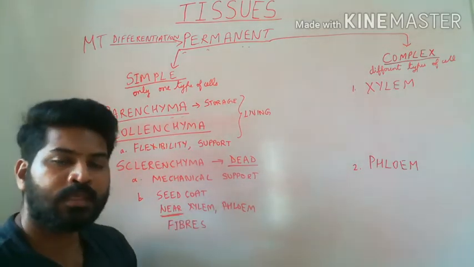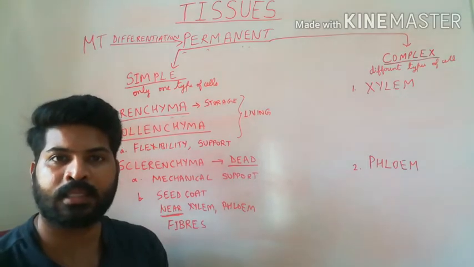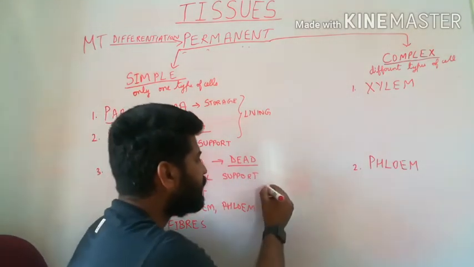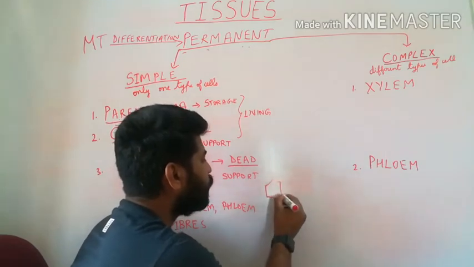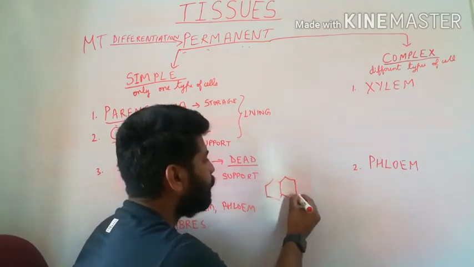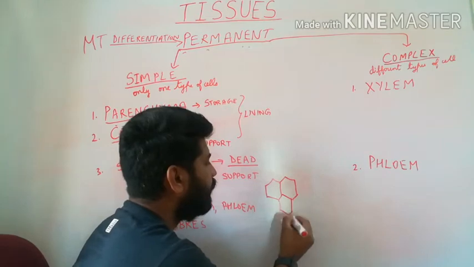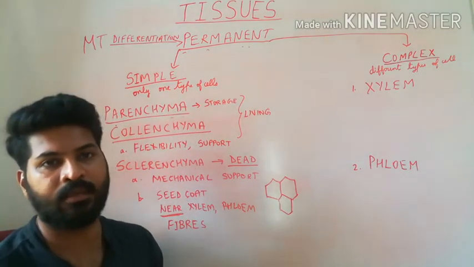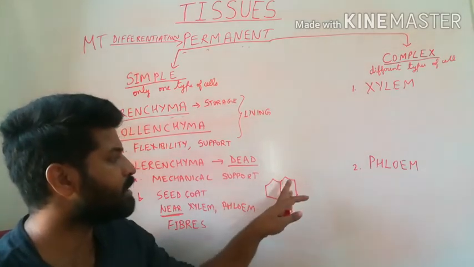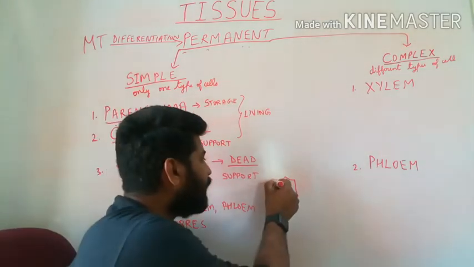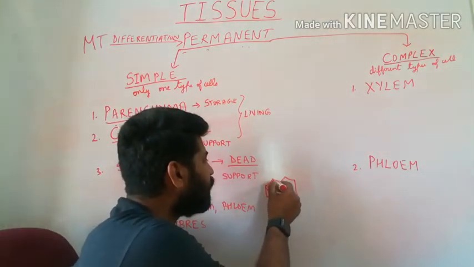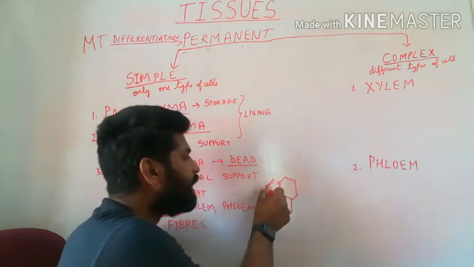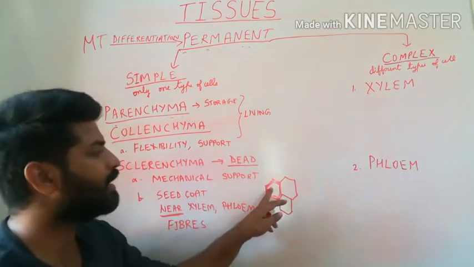If you observe the sclerenchyma cells under microscope, we find that the cells are very closely packed and intercellular spaces are completely absent. There are no spaces at all. And not only that, the cell walls are very thick. The cell walls are so thick that the space inside the sclerenchyma cell is very less.